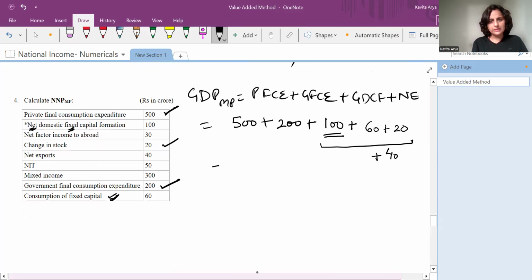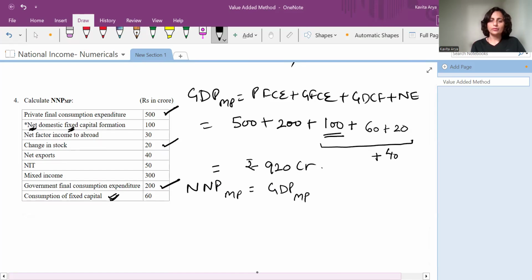Have a linear simple summation: 500, 700, 800, 920. So this is rupees 920 crores, and we are done with GDP at MP. Now let's do the second part of the numerical, NNP at MP, and we have to find it from GDP MP.